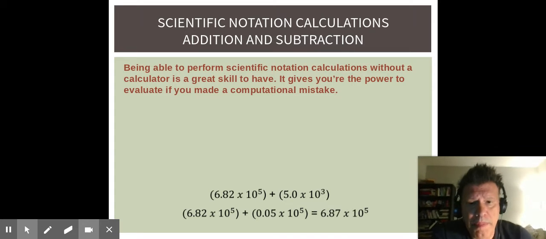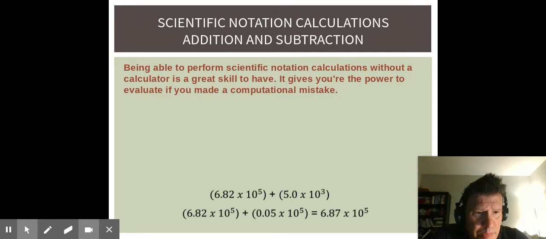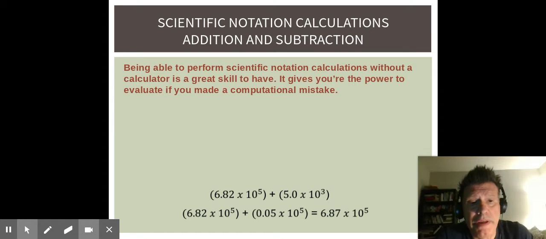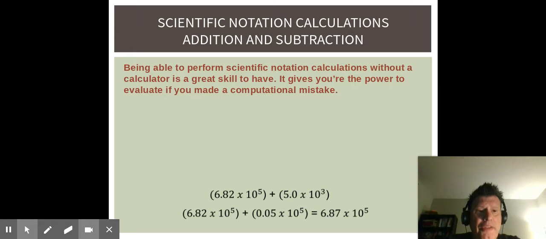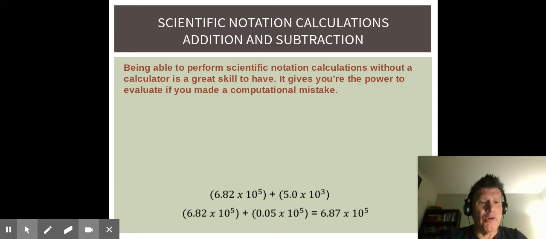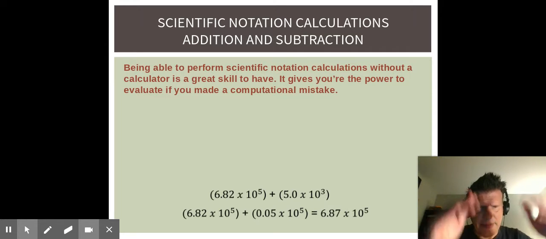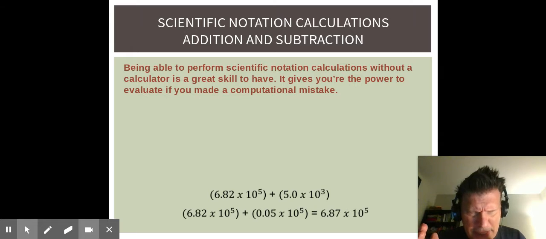But you've got to put what's inside the parentheses and then close the parentheses. That's something a lot of people make mistakes on. So look at 6.82 times 10 to the fifth in parentheses, plus 5.0 times 10 to the third in parentheses.